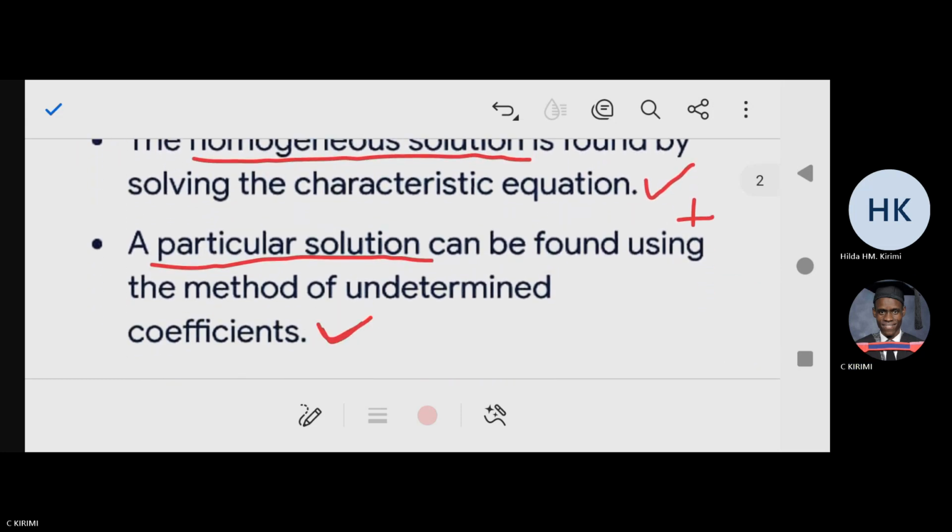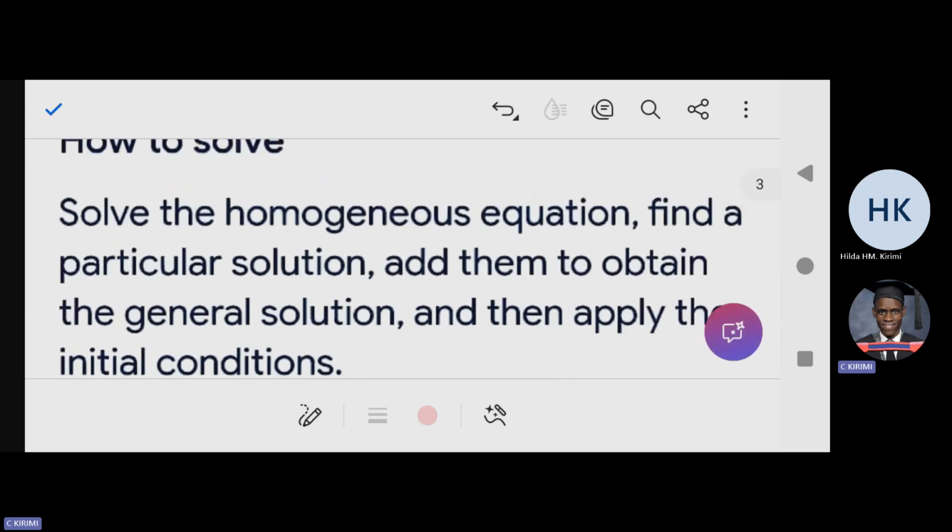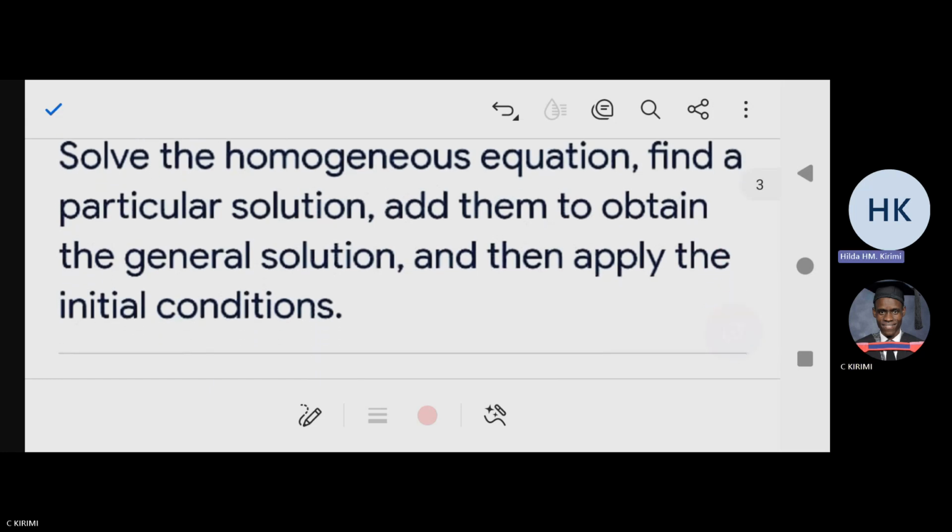So how are we going to solve? Solve the homogeneous equation, find a particular solution, and add them to obtain the general solution. We are just repeating that. And then apply the initial conditions.